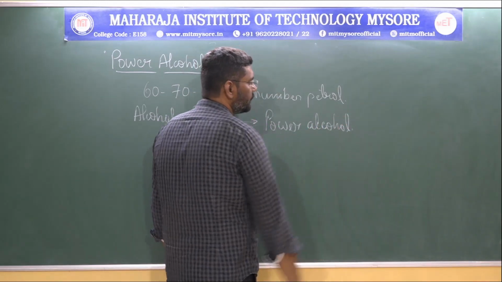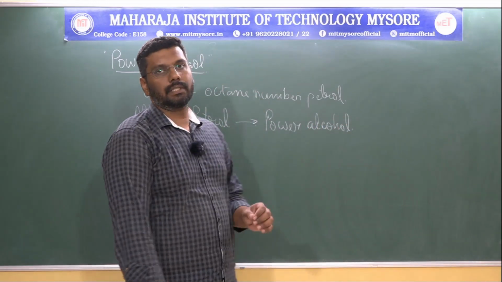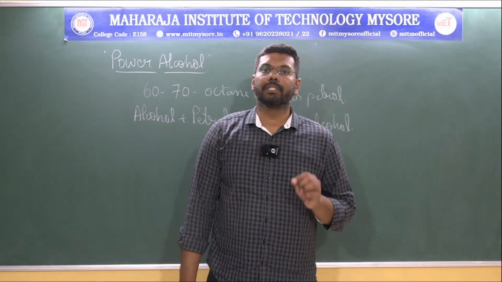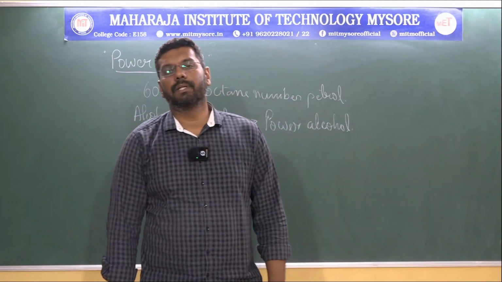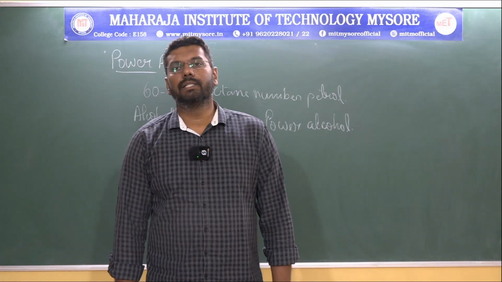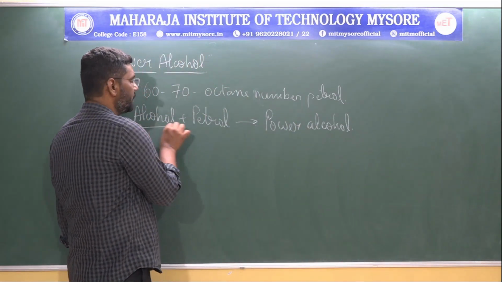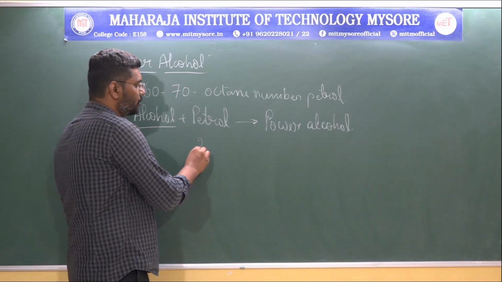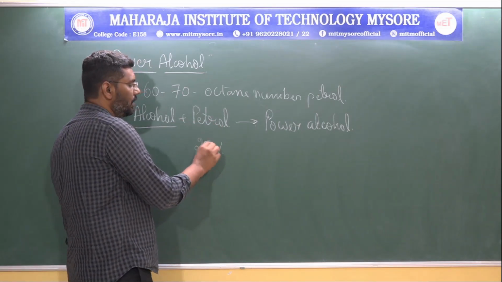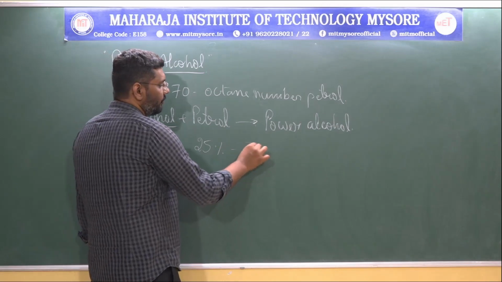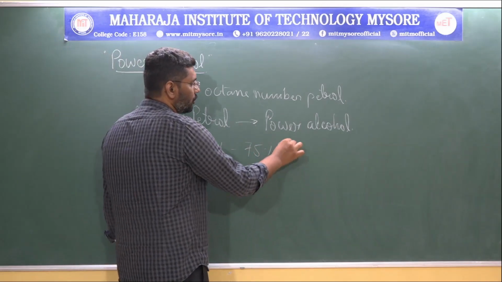So once again I repeat, power alcohol is nothing but petrol which is blended with alcohol, and the amount of alcohol added to the petrol is just 25%, and the remaining 75% will be petrol.